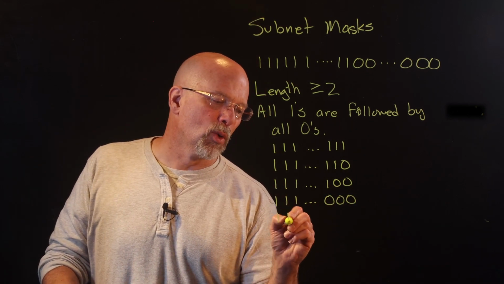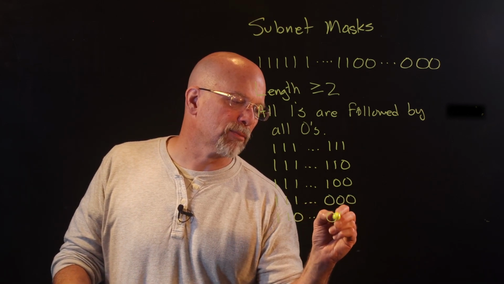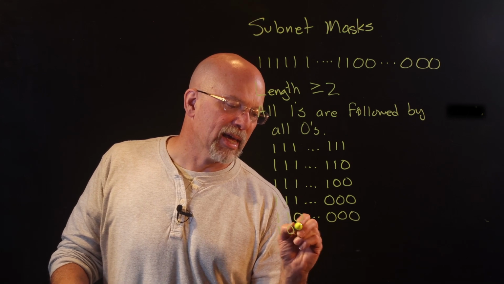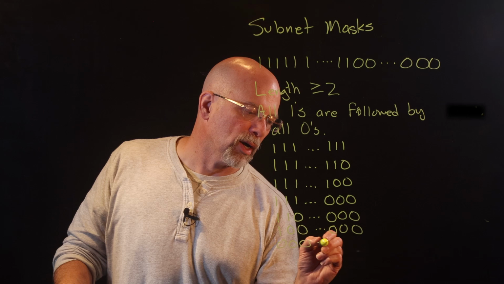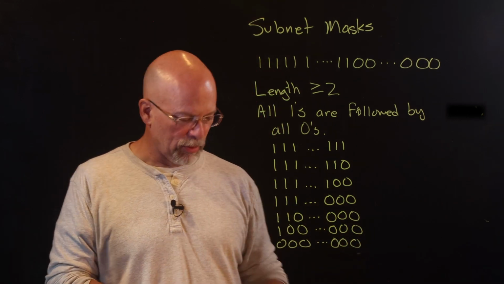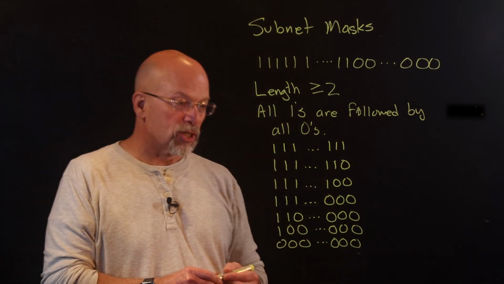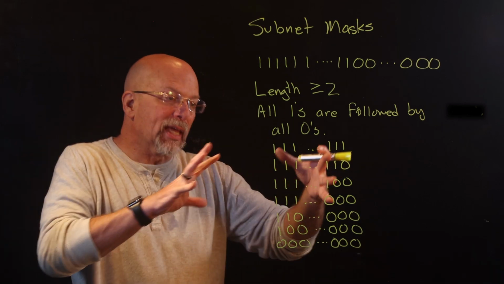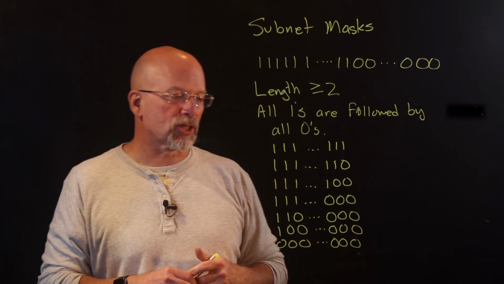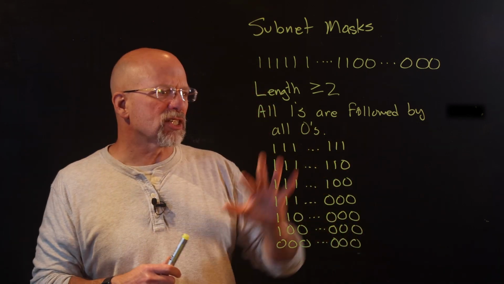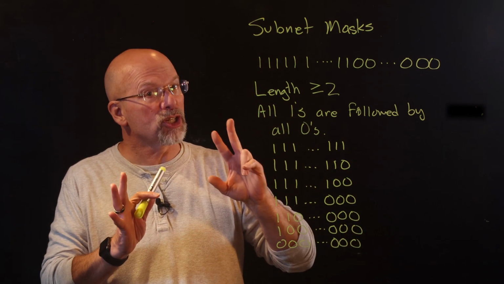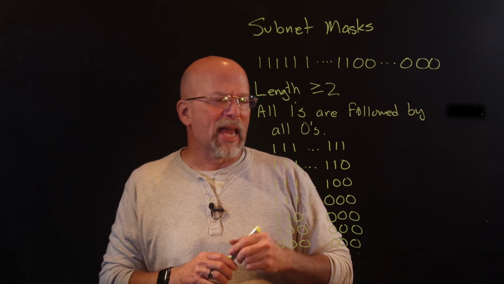If we only have 2 ones, they have to be in the leftmost positions, and no ones, the whole string is filled up by all zeros. So this gives you an idea of what we're looking at when we're talking about subnet masks. Now, granted, I've shown here examples that have at least 6 digits, but remember, we could have just 2 digits. I'll get to that in a minute.